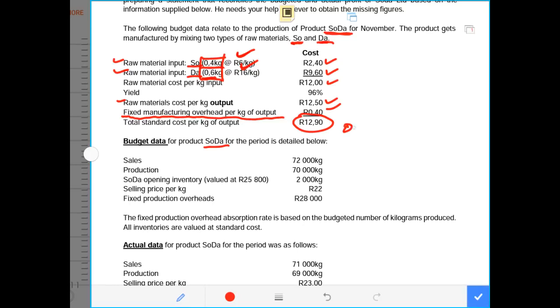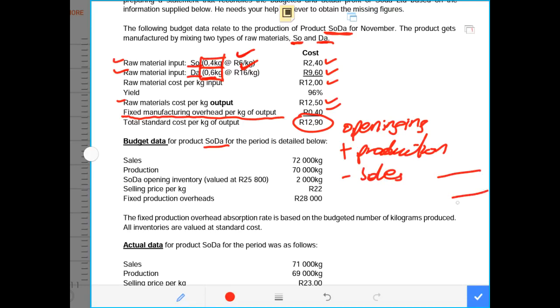So now that means we would have said opening plus production minus sales. This will give us closing.